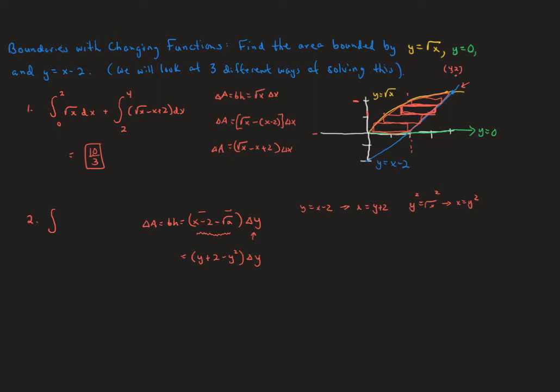That was the highest we got. So our limits of our integral are 0 to 2, and we are going to get the integral of y plus 2 minus y squared dy. And if you throw that on your calculator and do f and integrate, hopefully that will also give us 10/3.